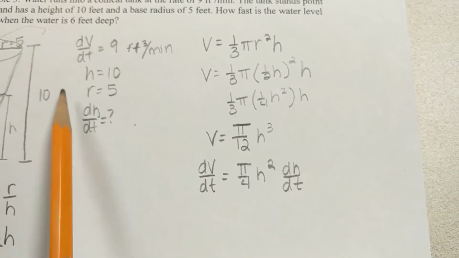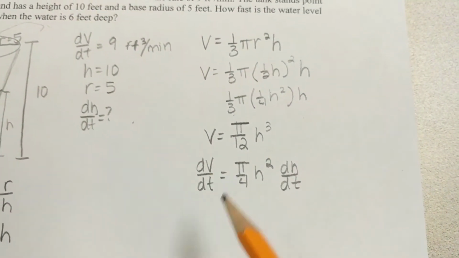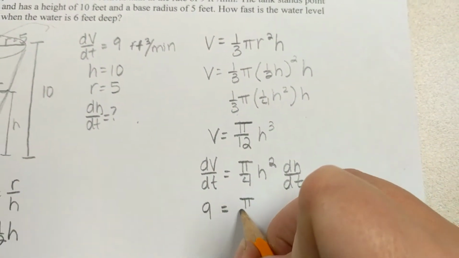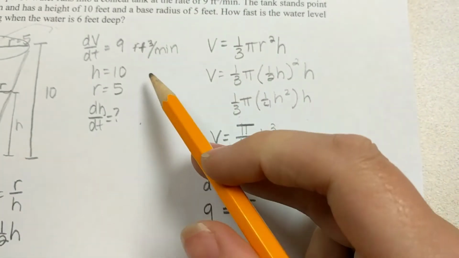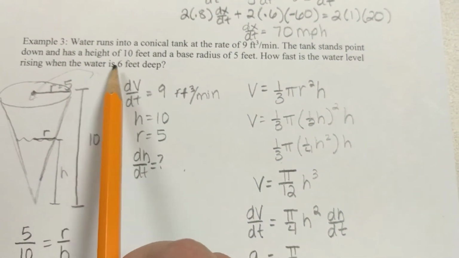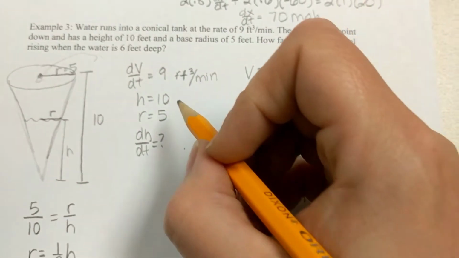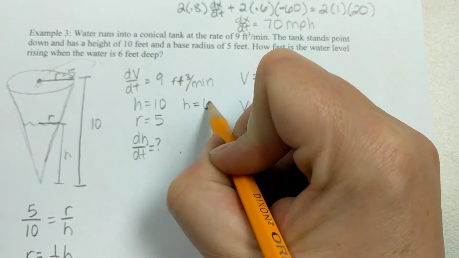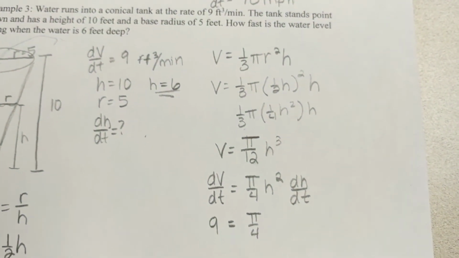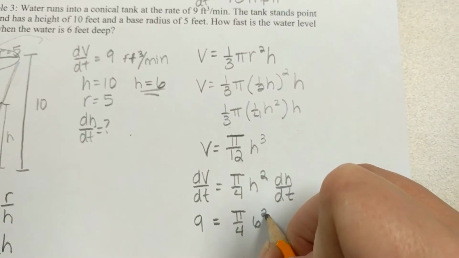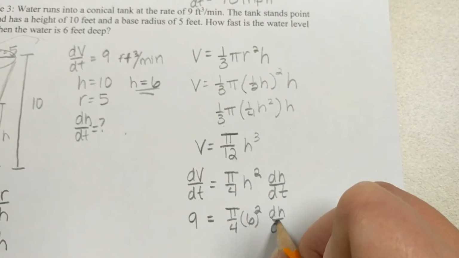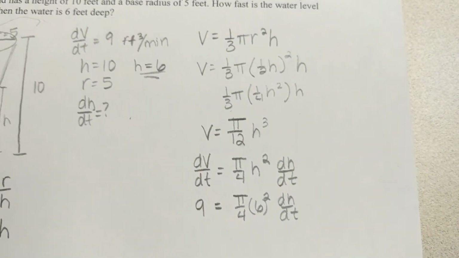Now I've got all this information over here that I can plug in. We know that dV/dt was 9, pi 4ths. We know H at the time that they're looking at when the water was 6 feet deep. So I also need to make that note up here as well, that we're talking about the snapshot when H is 6. So this was 6 squared times dH/dt. And that's what we're trying to find.